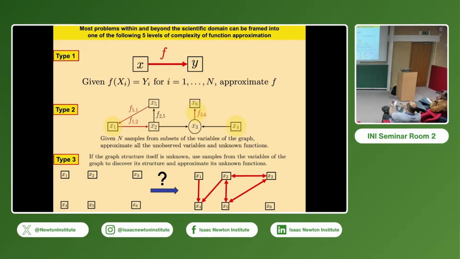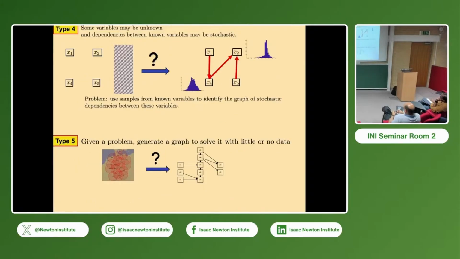Type 3, expanding upon type 2, if the graph structure itself is unknown, then use samples from the variables of the graph to discover its structure and approximate its unknown functions. Type 4, expanding upon type 3. Some variables may be unknown, and dependencies between variables may become stochastic as a result.